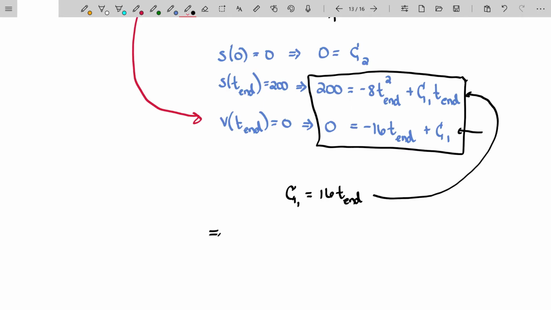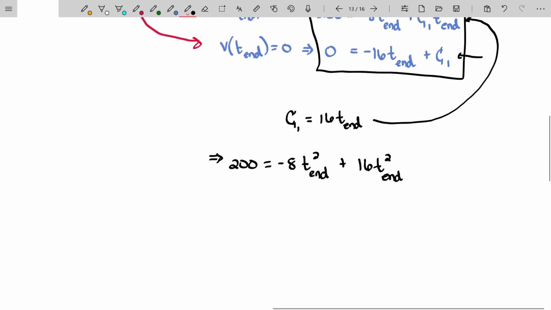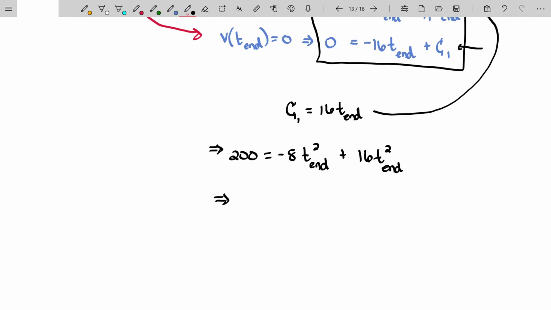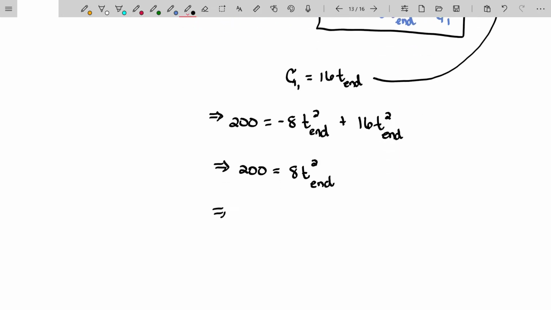So this will imply that 200 is equal to negative 8 time end squared plus C sub 1, which is 16, time end times time end, which is time end squared. That is 200 is equal to 8 time end squared. Divide both sides by 8, you'll get 25 is equal to time end squared.